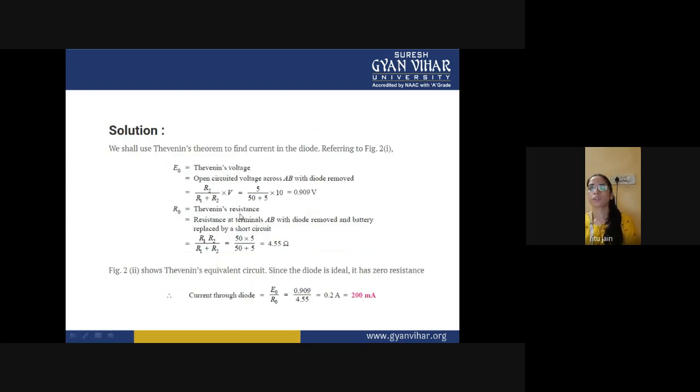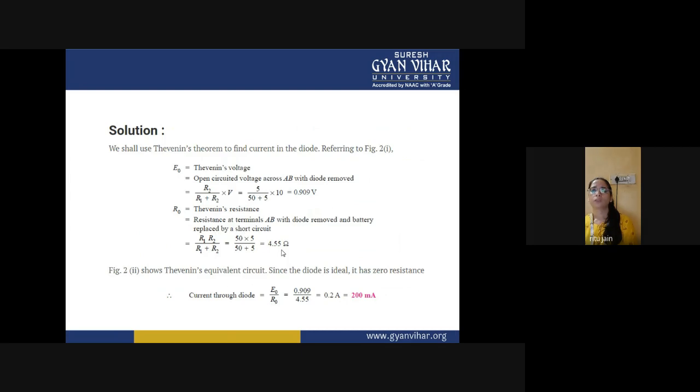This is Thevenin's resistance, the resistance at terminals AB with the diode removed and the battery replaced by a short circuit. So the Thevenin resistance is equal to R1 R2 upon R1 plus R2, and you will get the Thevenin resistance, which is equal to 4.55 ohm.